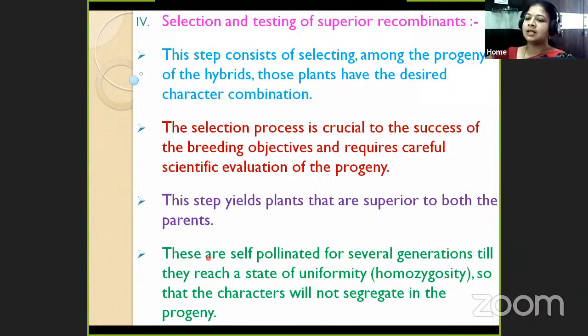Next, these are self-pollinated for several generations. These are nothing but hybrid plants. Selected hybrid plants are self-pollinated for several generations till they reach a state of uniformity, that is homozygosity. It means pure line conditions are achieved in this hybrid plant.